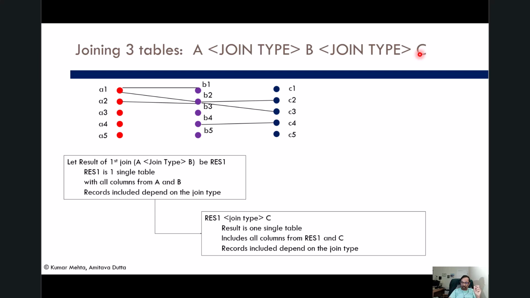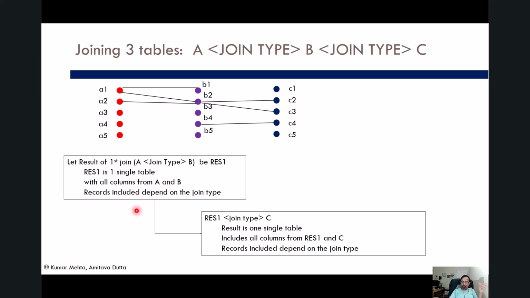The way this works is you first do the first join. So you join A join B. That gives you a result. Then you take that result and join it with C. Let the result of the first join, A join B, be result 1. Then in the second step, you take result 1 and join it with C. What is the output of each join depends on the type of join being used.